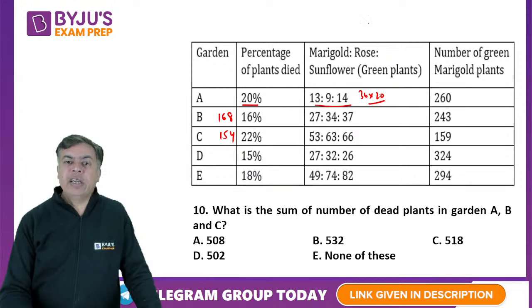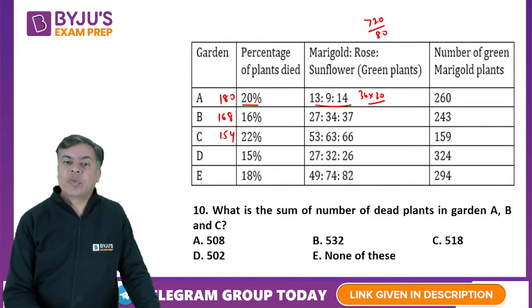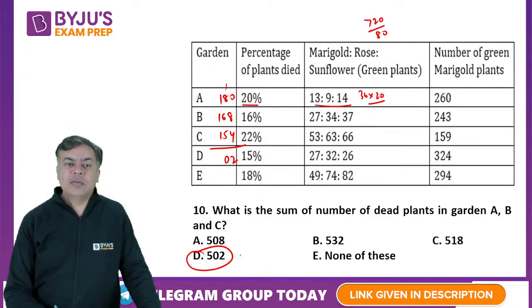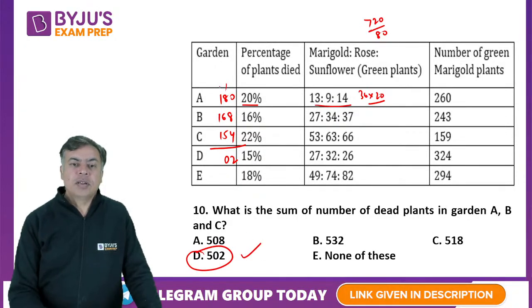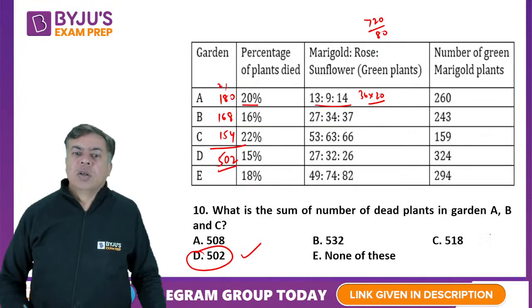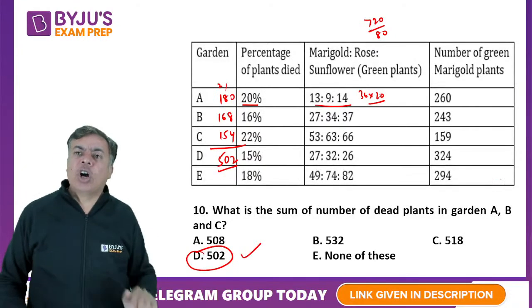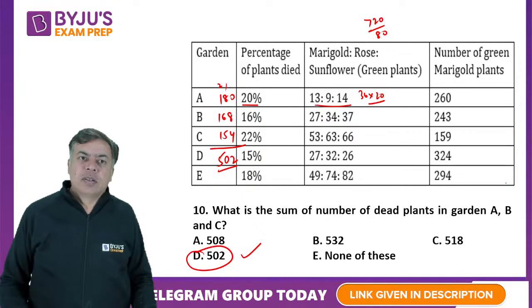So 720 was 80%, so 20% was 180. So this total he is asking: 4, 8, 12, it will end with 2. 1, 9 and 11, 20, so 0. So 502 should be the correct answer, right? Because we have already calculated these values. Now this should not be difficult. We need to just add it, right?